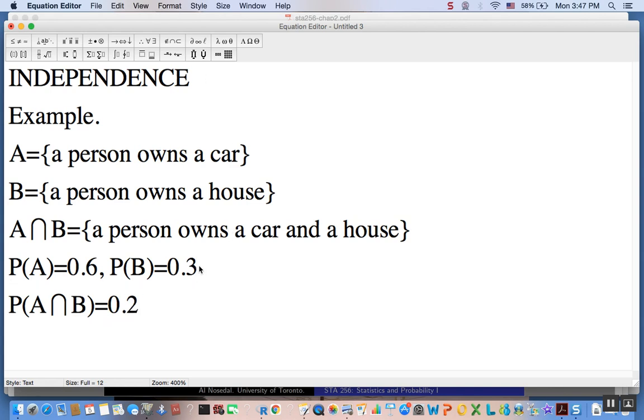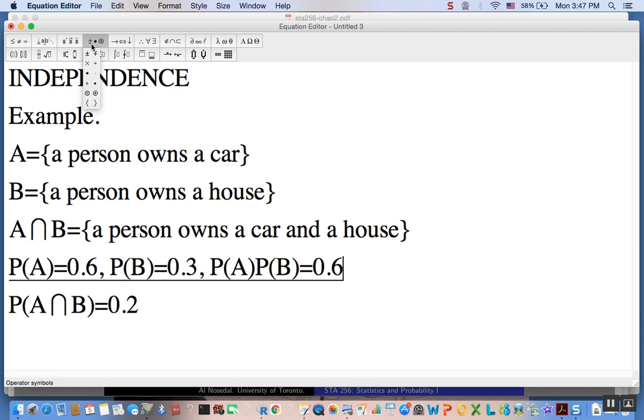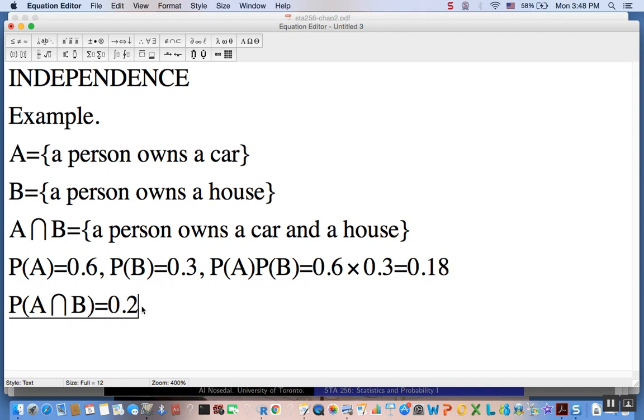Now note that probability of A times probability of B equals 0.6 times 0.3, that happens to be 0.18, and clearly 20% is different from 18%, which is the product of the probability of A and the probability of B.